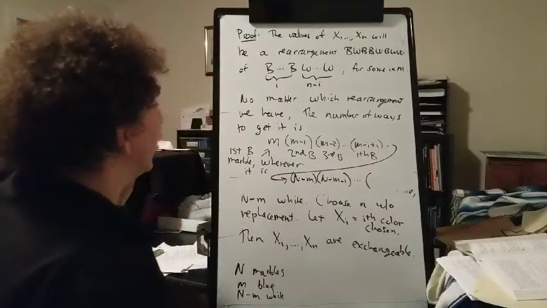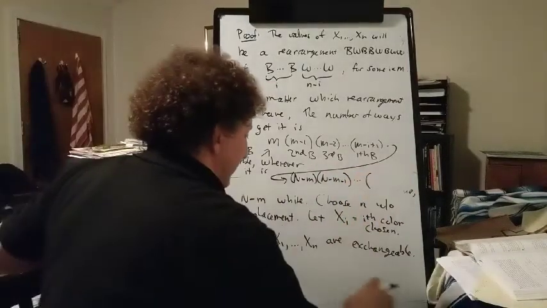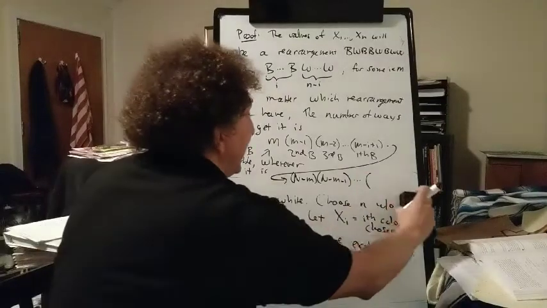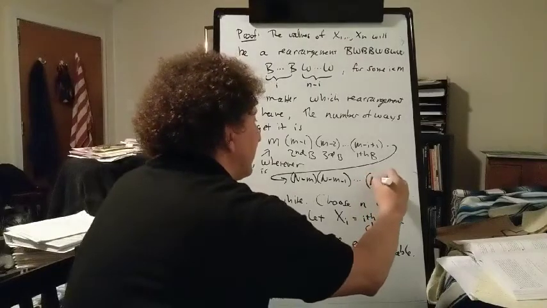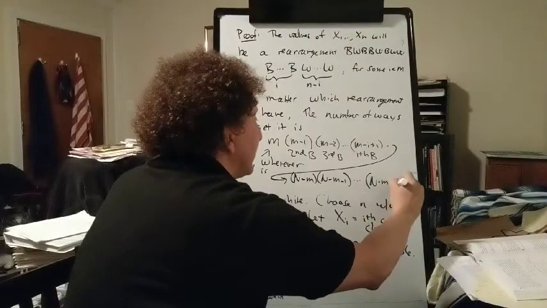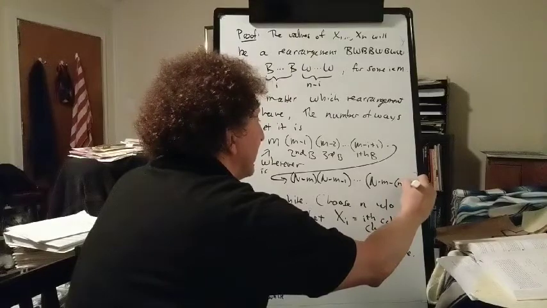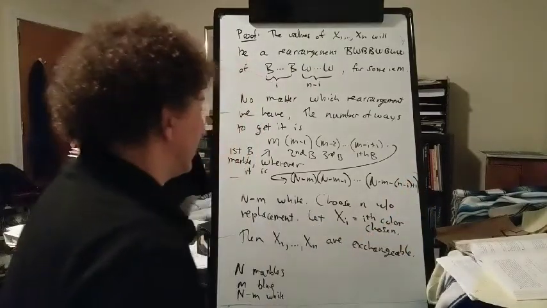And if we're choosing little n minus i, then we can choose that n minus ith white marble in capital N minus m minus (n minus i) plus 1 ways.